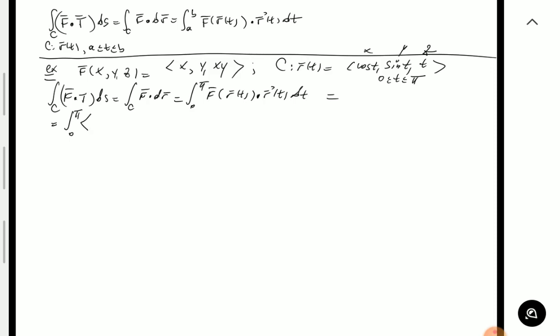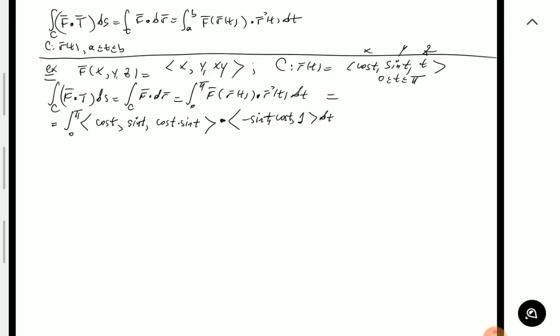So the first vector, F of r of t, becomes: x is replaced by cosine of t, y by sine of t, and x times y by, obviously, cosine of t sine of t. Okay, so that is F of r of t. Then you dot this with r prime of t, which is minus sine of t, cosine of t, and 1. z prime is 1.